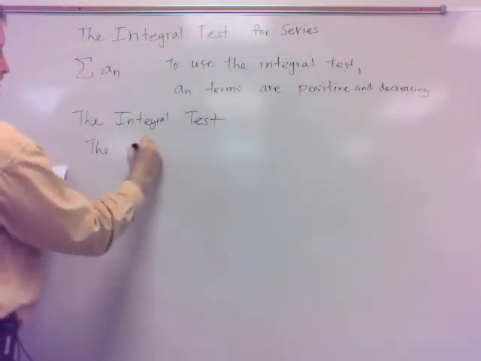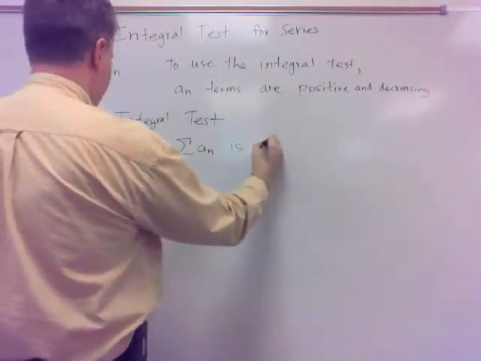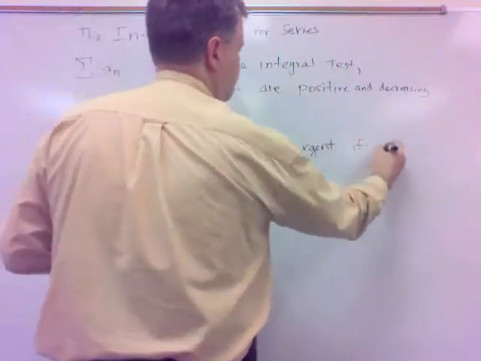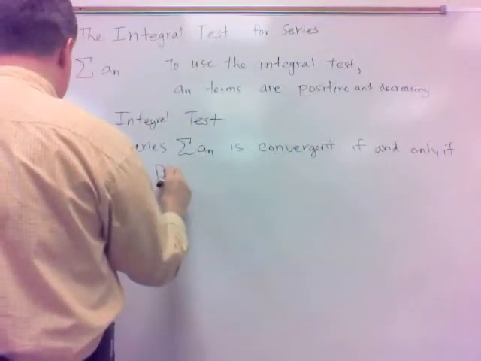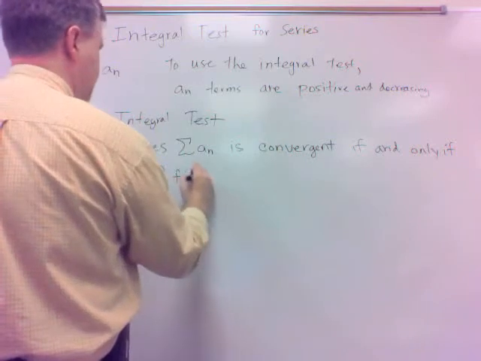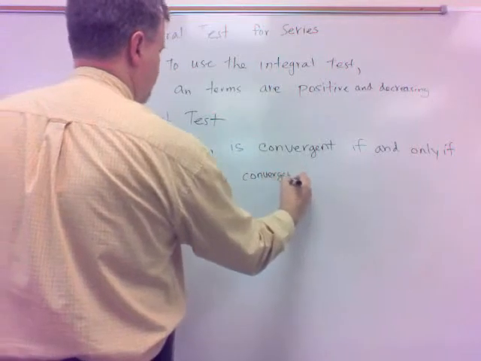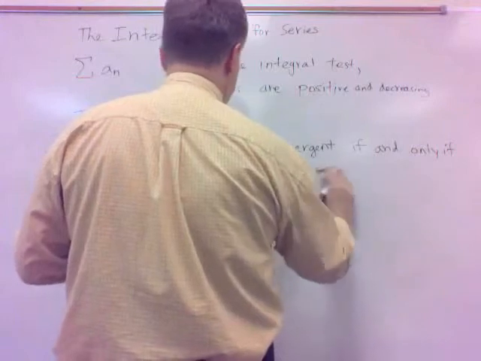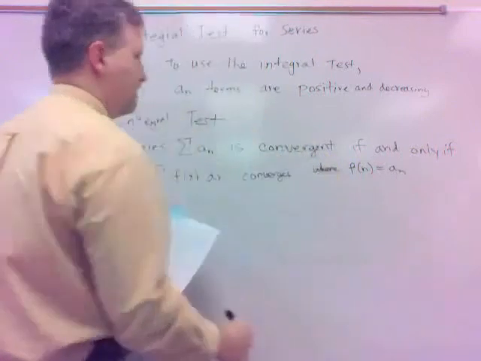The series, the sum of your a sub n's, is convergent if and only if the integral of f of x dx converges, where for the f of x, we're saying the f of n is your nth term.